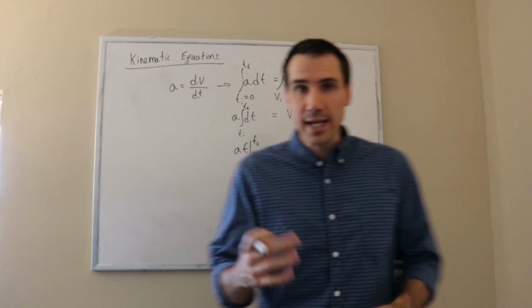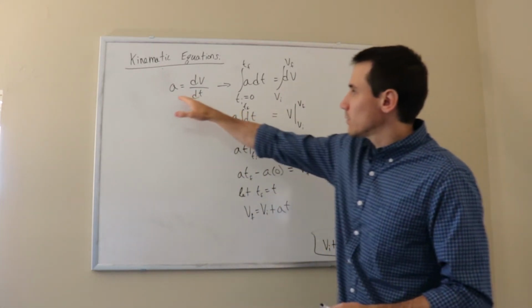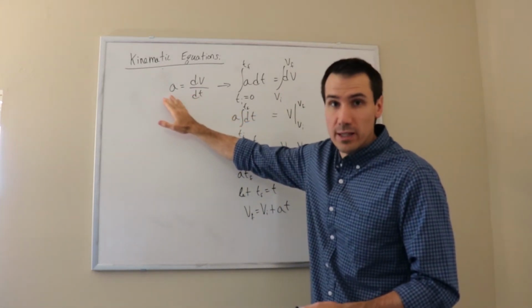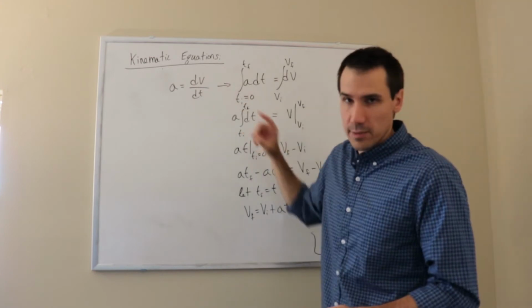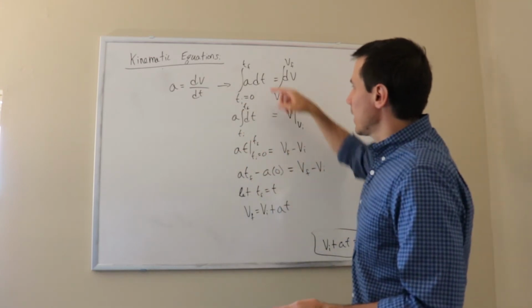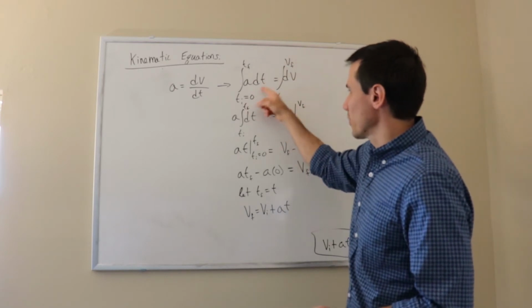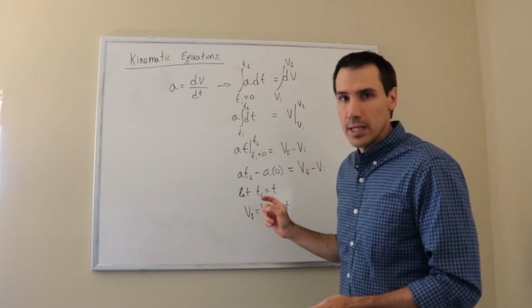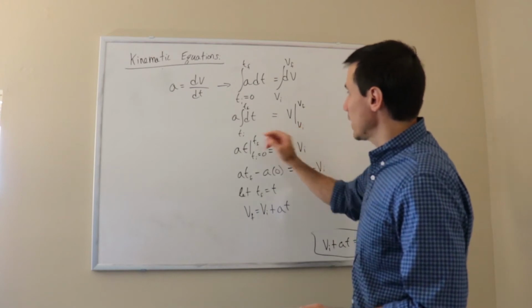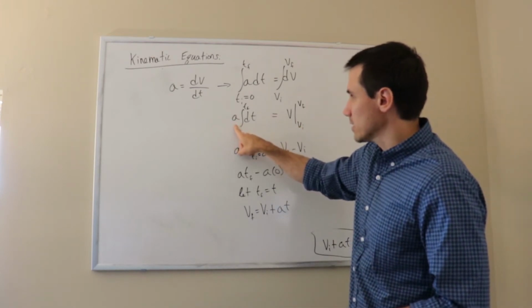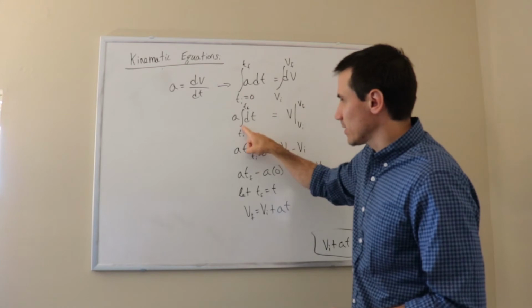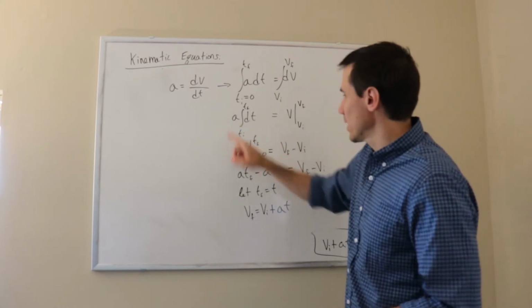I'll write it here. And to find it, all I did was take my definition of acceleration, that is the change in velocity per time, and I integrated both sides after separating my dt and dv. And I explicitly relied on a equaling a constant such that it doesn't depend on time, so that I could pull it out.